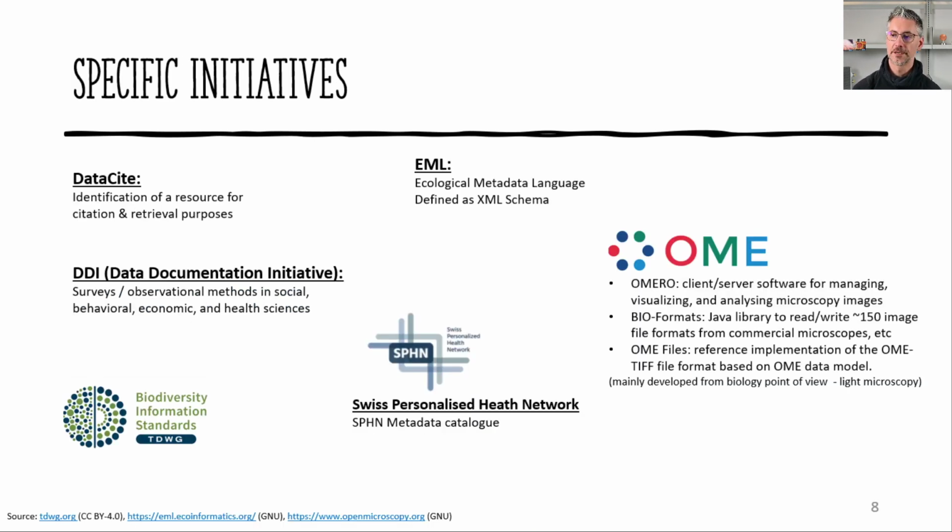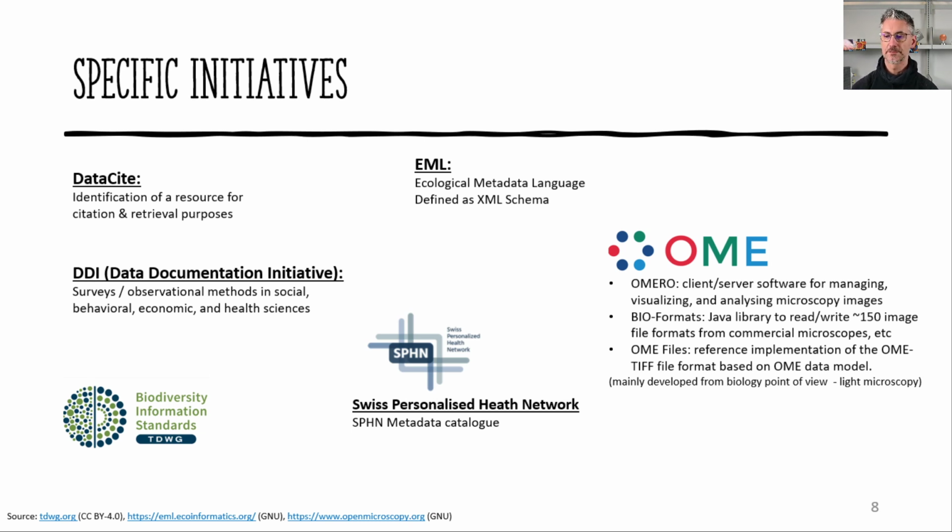There are also specific initiatives that are focused on more specific types of data, like DataCite for the identification of a resource and citation for retrieval purposes, the Data Document Initiative, or the Biodiversity Information Standards, or the Ecological Metadata Language, or OMERO or OME as a client-server software for bioimaging, and so on.